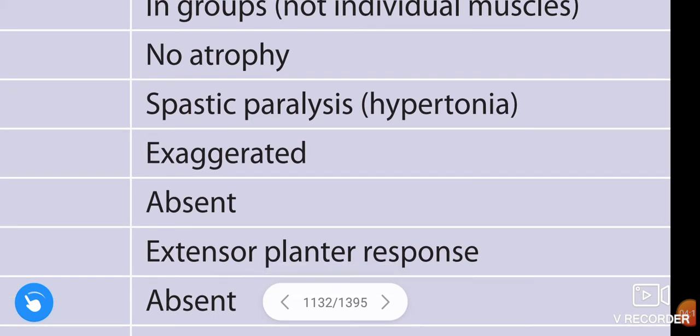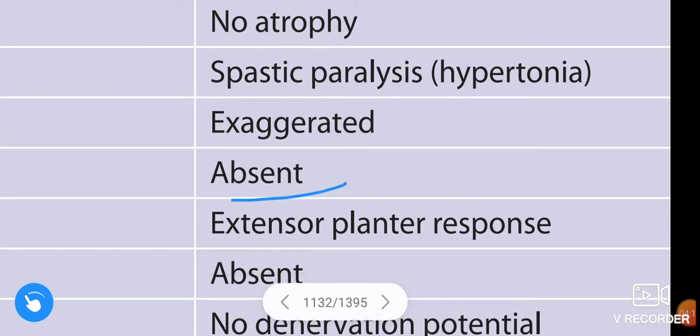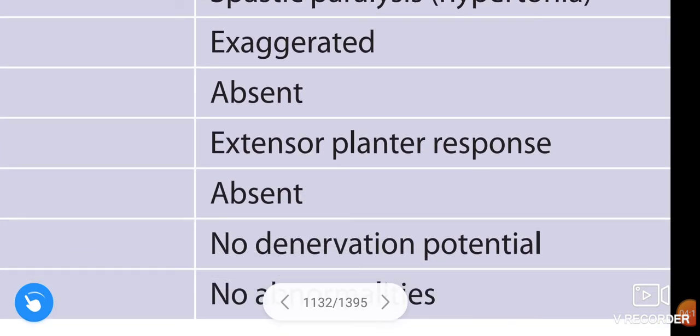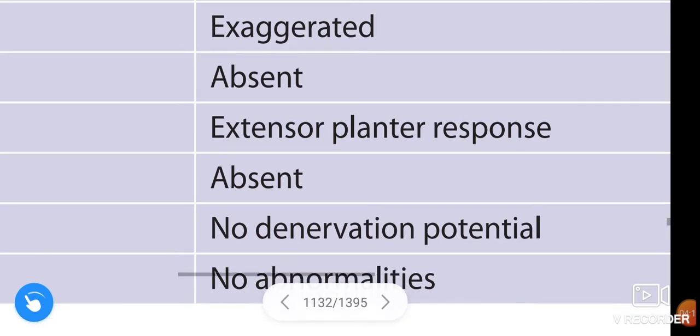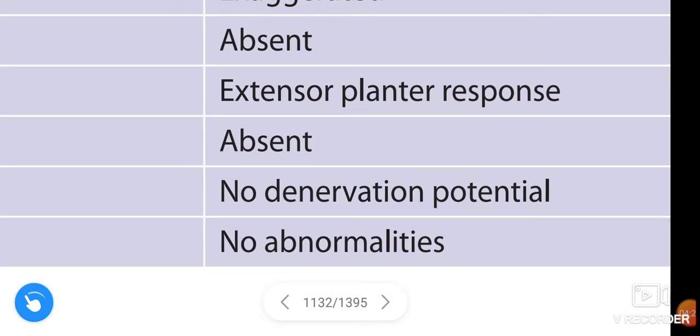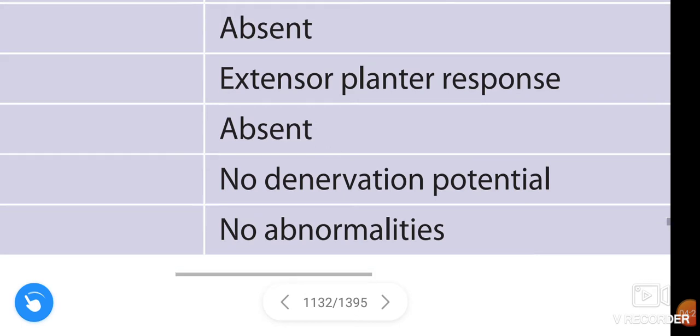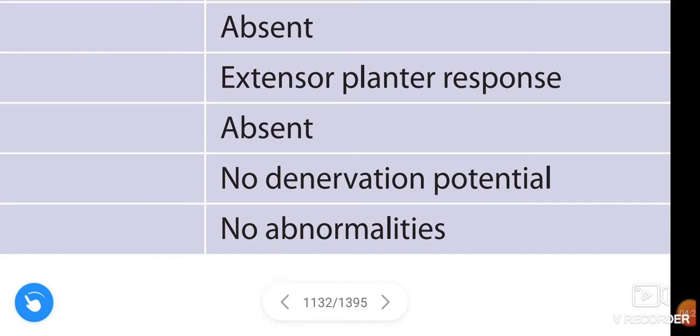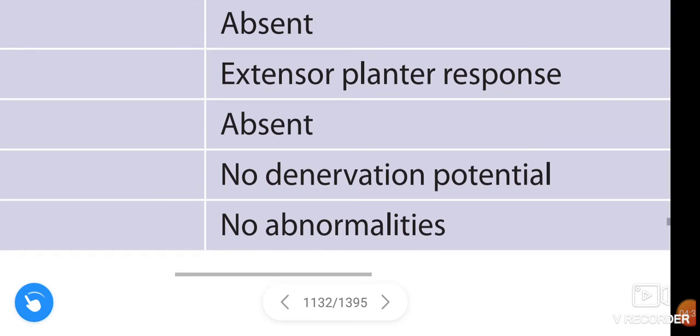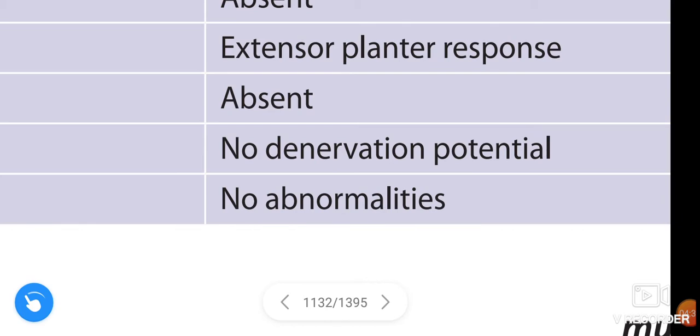Tendon reflex is exaggerated, superficial reflex is absent, and the Babinski sign is an extensor plantar response. Involuntary movements are absent, there is no denervation potential, and there are no abnormalities in nerve conduction.